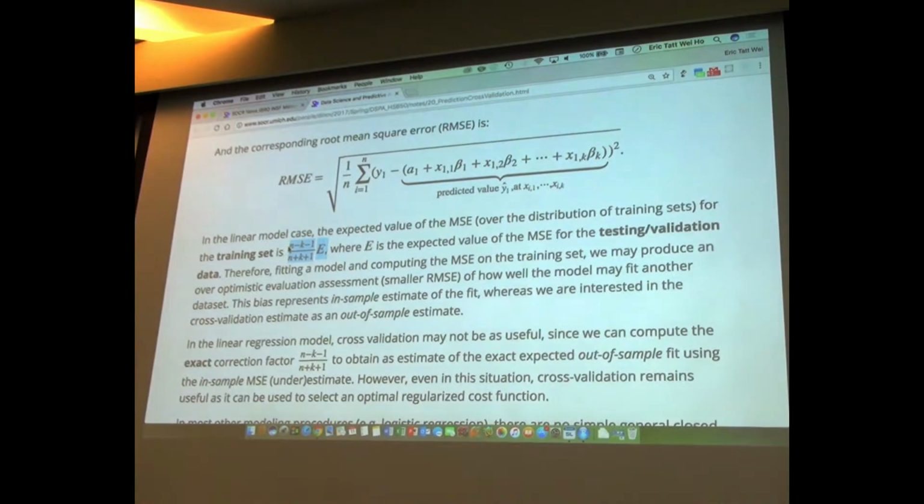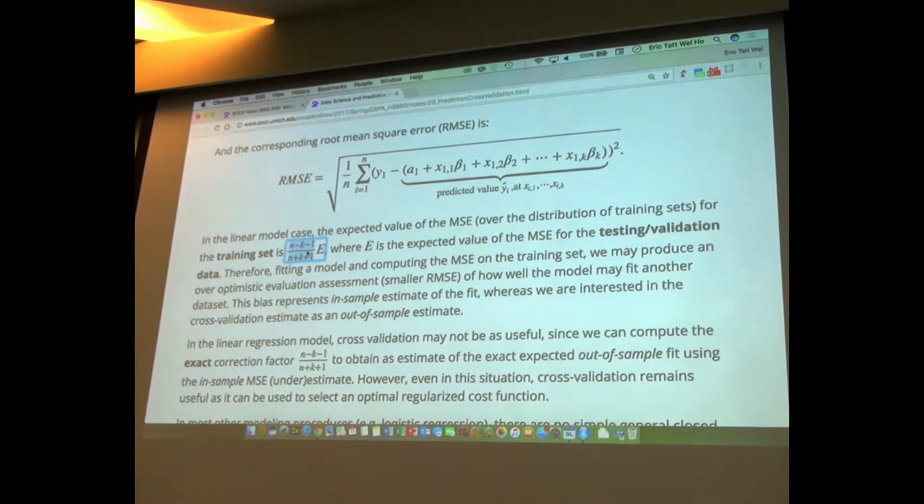See this coefficient in front of the error is less than 1, which means that the training error is going to be lower than the testing error, and it's exactly known by how much. So in other words, if all you care about is linear models, you don't have to validate on testing data. You don't, because it's known exactly what the error rate is going to be by computing the root mean square on the training data. Is everybody here with me?